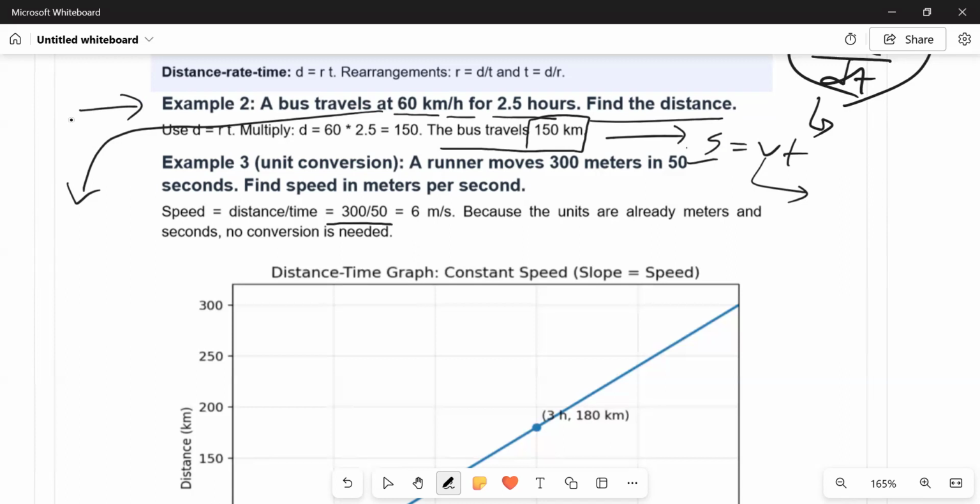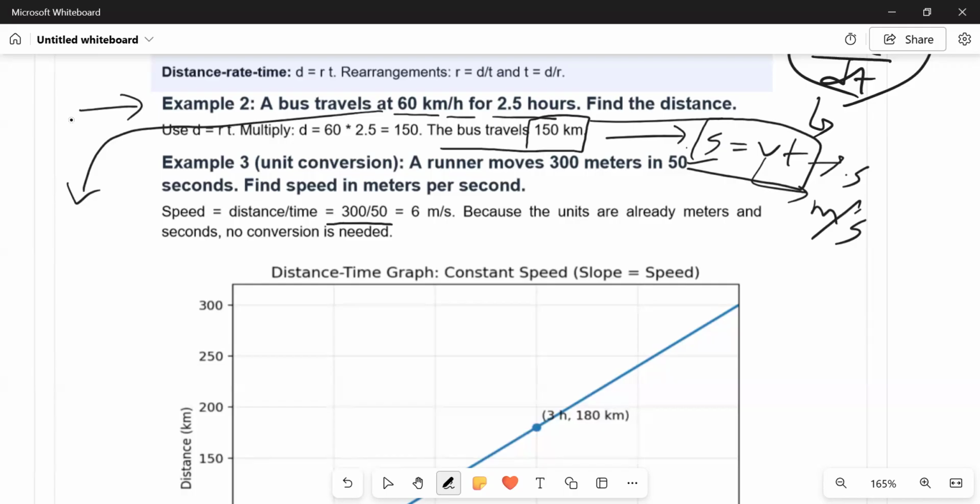The answer is that for us to use this equation, we have to have the same units. If velocity is kilometer per hour, time needs to be in hours. If velocity is meter per second, time needs to be in seconds. You have to convert.